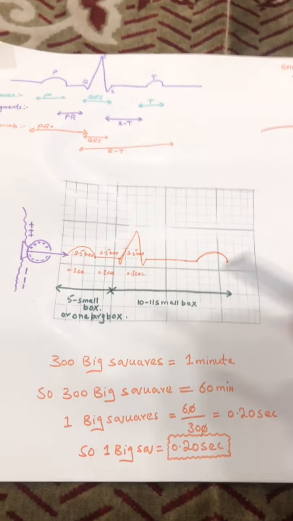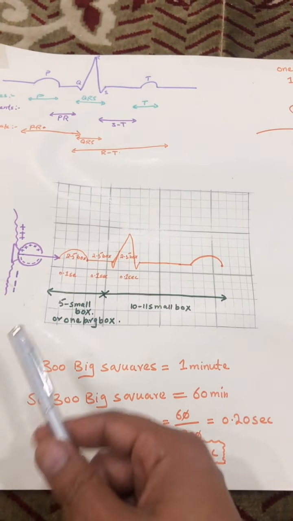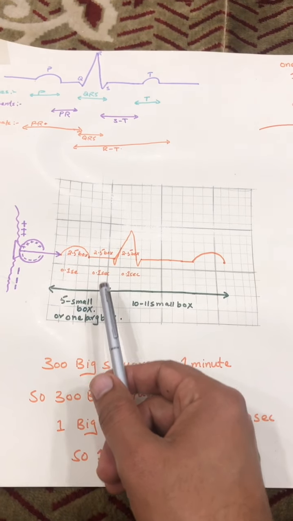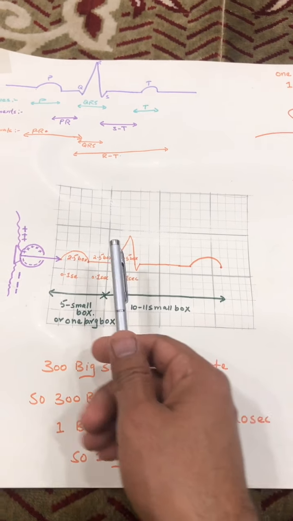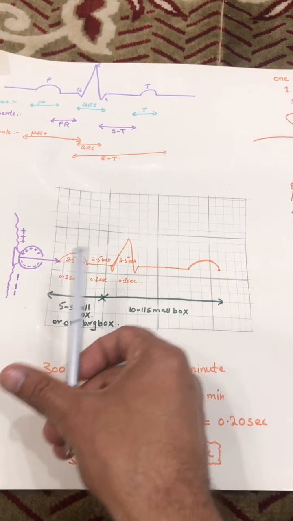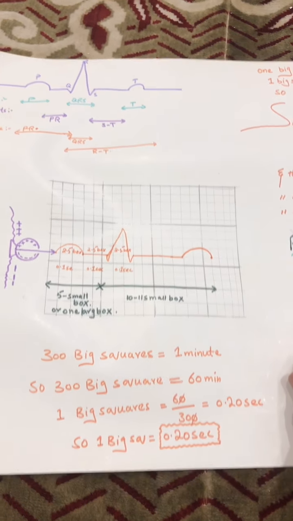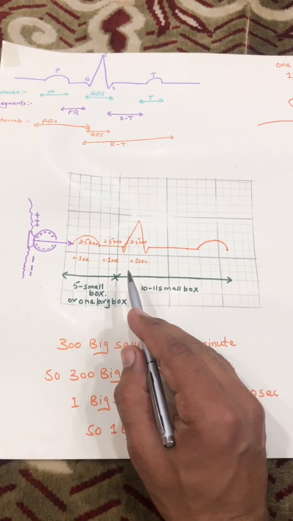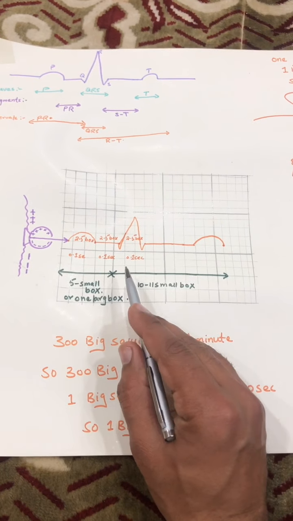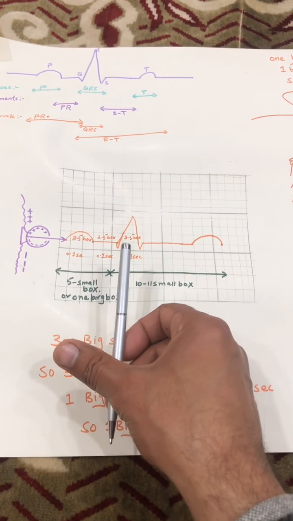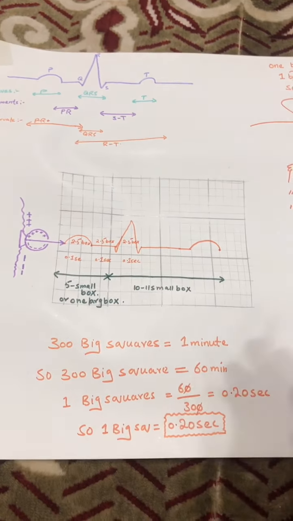Now you want to see how much time is needed for this large box to roll under this needle, and then how much time is needed for this small box to roll under this needle.